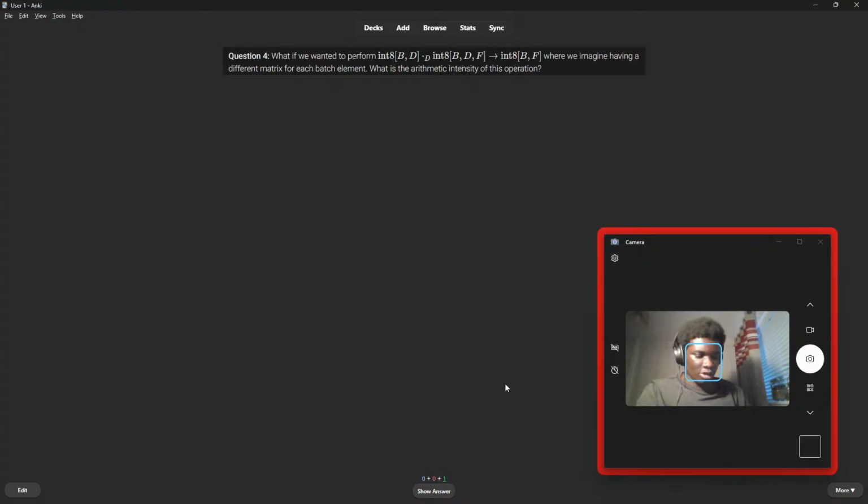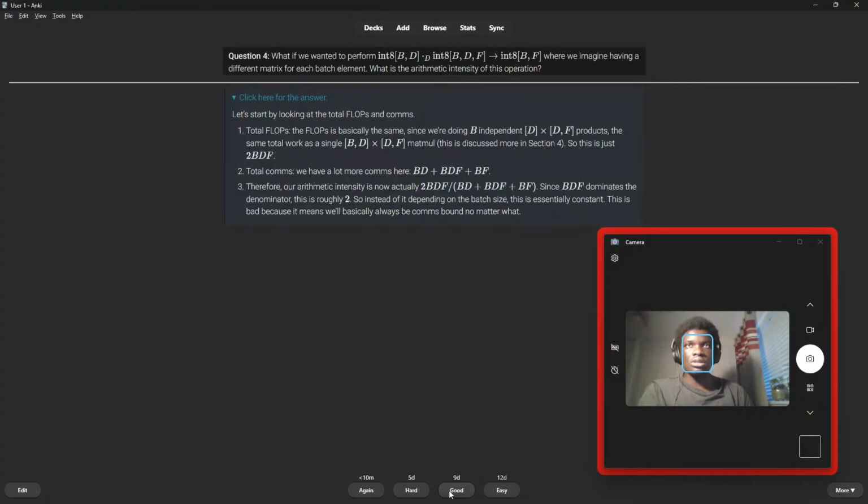And then simplifying, getting rid of small terms, we have 2BFD over BD plus BFD plus BF. We'll say that B is relatively small, so cancelling out the BFD, we get the arithmetic intensity is roughly equal to 2, so it's almost always going to be communications bound.